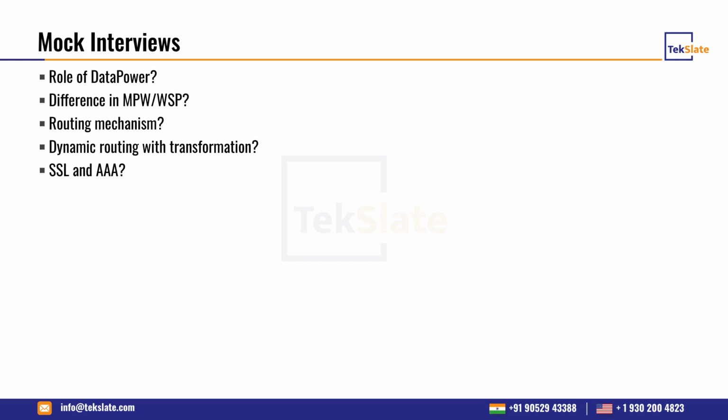Along with dynamic routing there are transformations, like transforming from one format to another, where the backend system understands one format and the consumer sends a different format. DataPower acts as a middleware layer that can convert the data from format to format, in terms of consumers and providers. We also definitely got a question on SSL and AAA, because they are major security components among the DataPower security features.